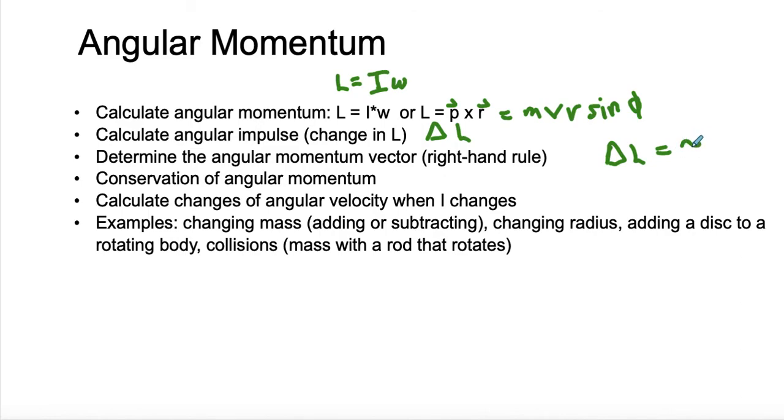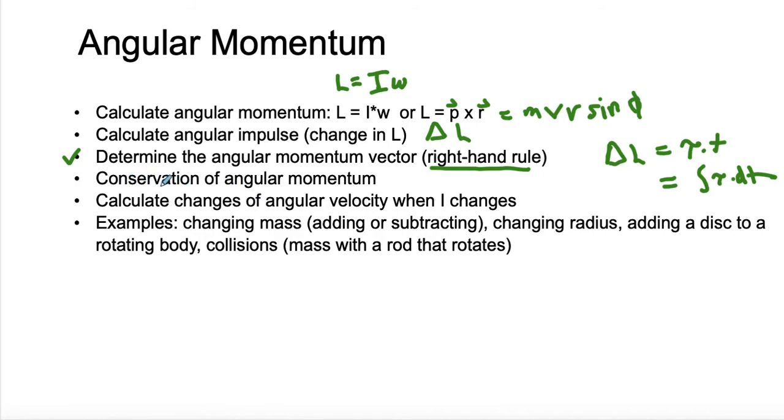So change in angular momentum is your torque times time, like this. Or if you were to do this in calculus terms, it's your torque times dt. All right, and that gives you an impulse, and that changes your angular momentum. So I'm using the right-hand rule, figure out which direction angular momentum is.